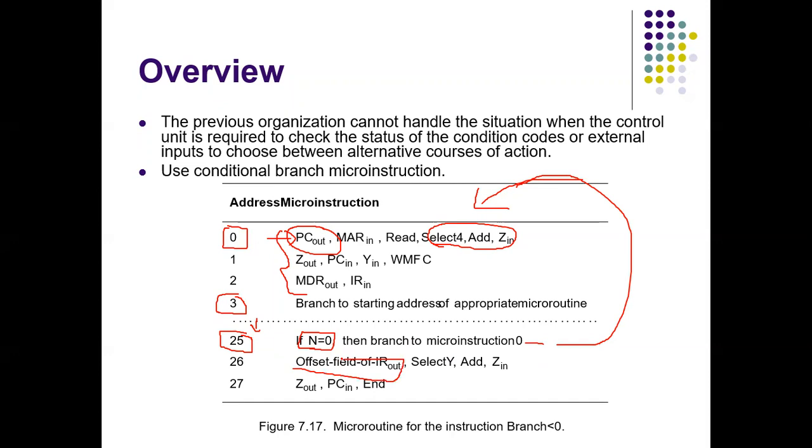What is this? Take the offset part from IR. Whatever is currently in IR, take the offset from that and add it with Y. Select Y, add that with the offset. What will Y have? If you recall, Y will always have whatever PC has.